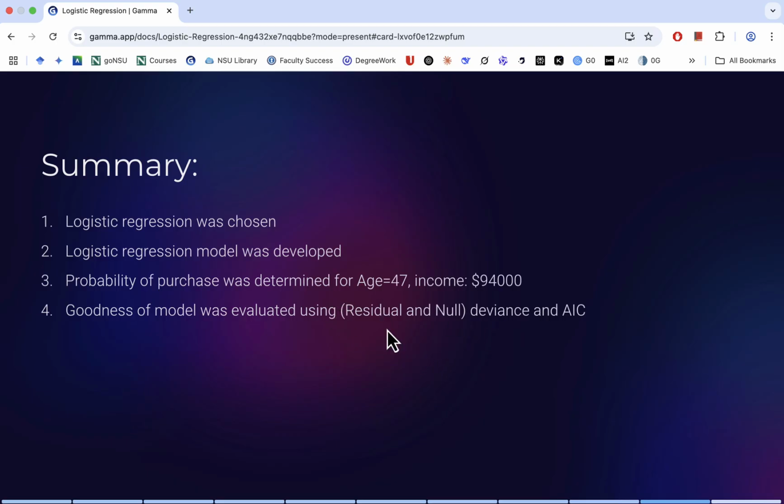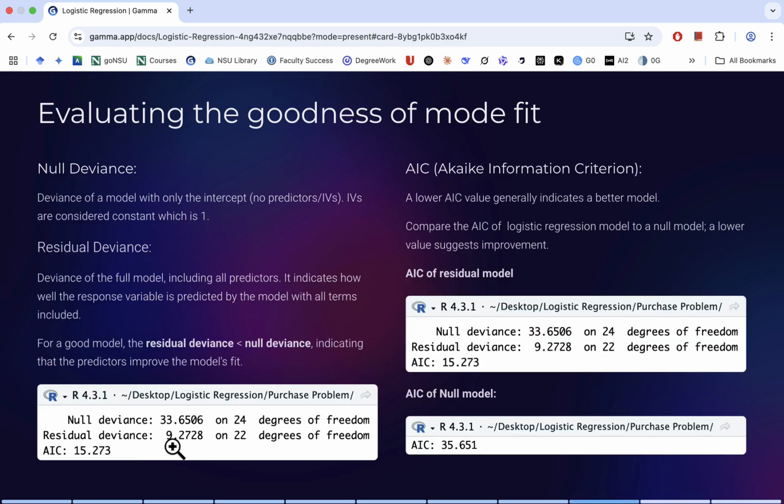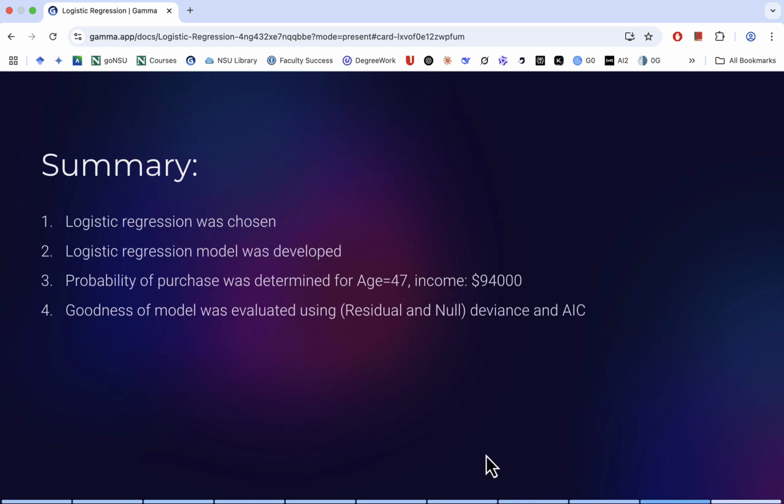And the rule is that the deviance of a residual model should be less than the deviance of the null model. And as we noted, the deviance of the fitted model is less than the deviance of the null model, which indicates that this is a good model. Similarly, AIC of the fitted model is less than the AIC of the null model. All of these things indicate that this is a good model.